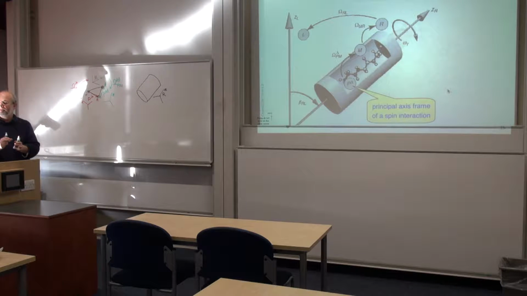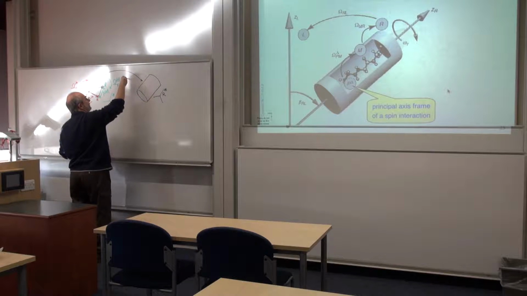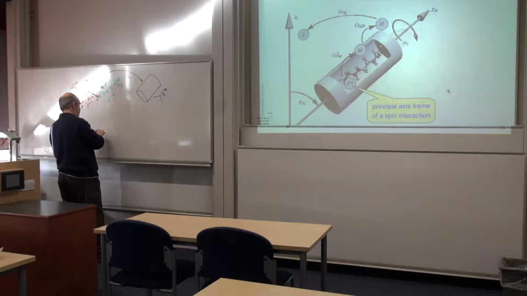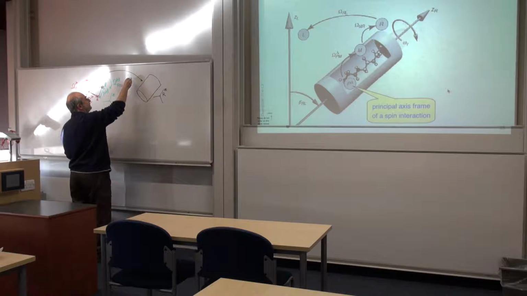That would require orienting the crystal in a very special way with respect to the sample holder. So in general, there will be another set of angles relating the molecular frame M to the rotor frame.